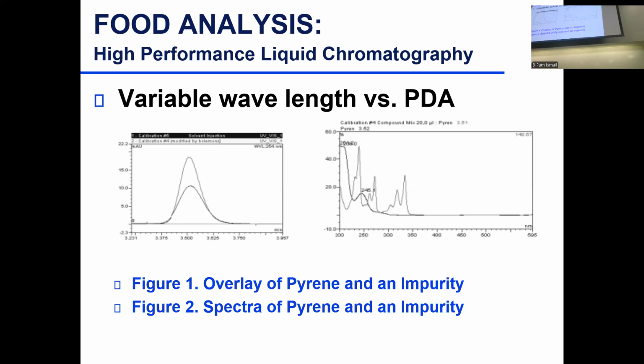But there probably is two, the pyrene and an impurity. In a regular UV detector, you won't be able to know that there's two in there. But then when you run a PDA, you see two different spectra for each of these, the pyrene and the impurity, and then you will know, okay, this is not a pure peak. And I hope Nigel showed you a peak that wasn't pure on PDA in the lab.